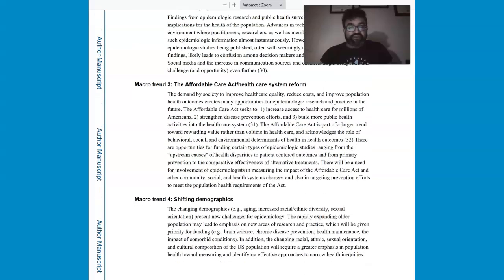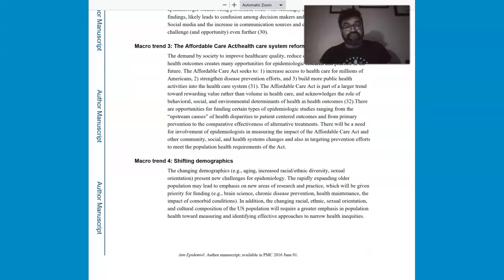The Affordable Care Act, system reform, of course, that's the third macro trend in epidemiology, and of course, any alterations in that also. The number of uninsured, and I've actually talked about that because even with the Affordable Care Act, you had the Medicaid expansion, and Medicaid expansion was left to state rights.